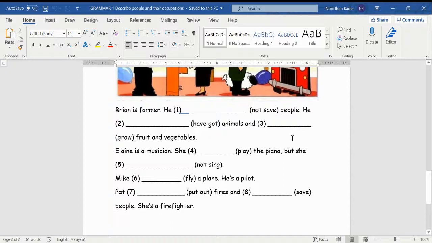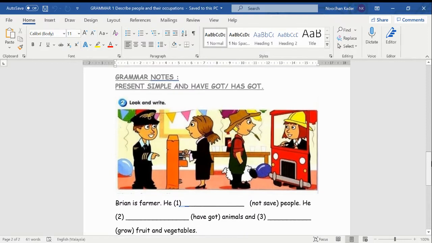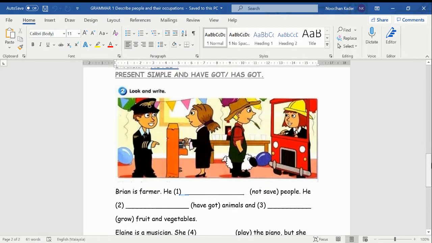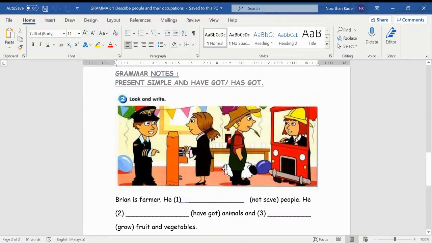Okay, second, Elaine is a musician. Which picture do you think looks like a musician? Which person in the picture looks like a musician? Who is actually playing a musical instrument? This one. So this lady here, she's playing the piano. So she's playing a musical instrument.